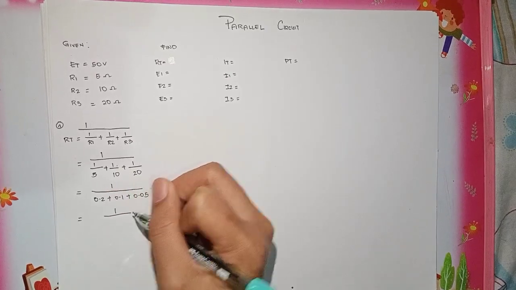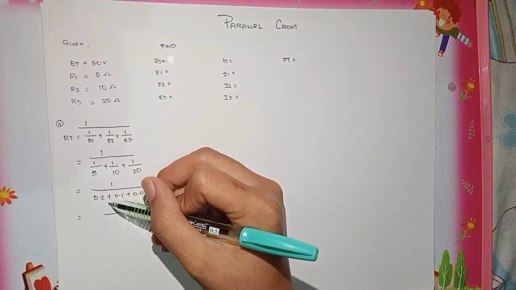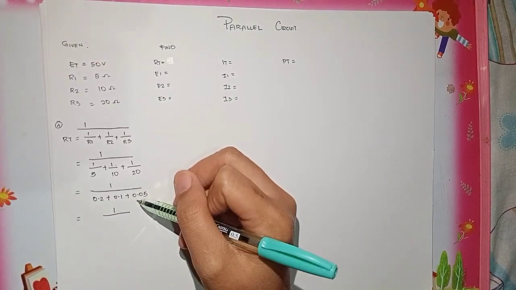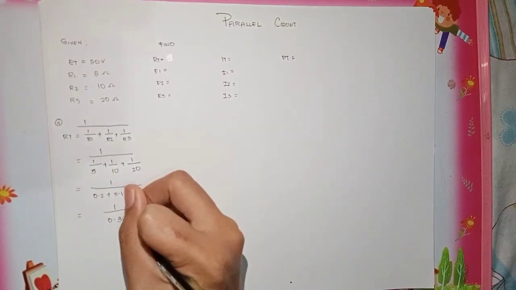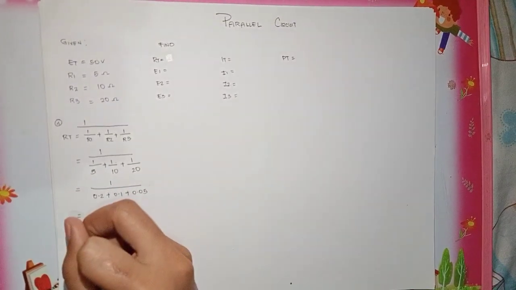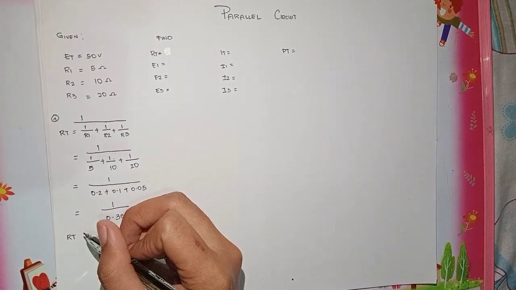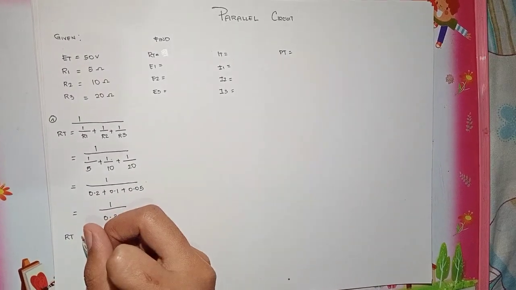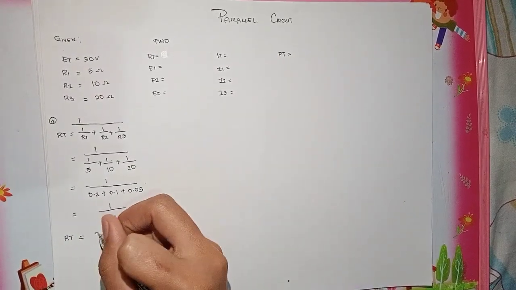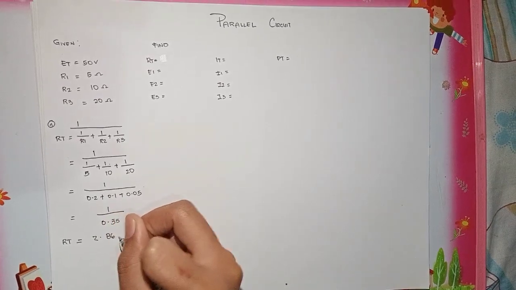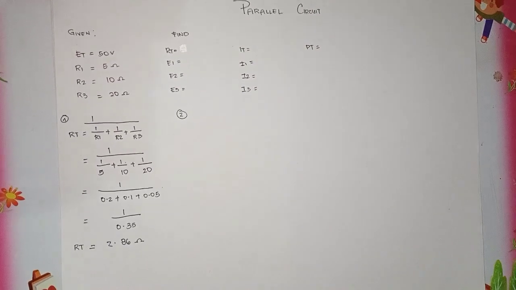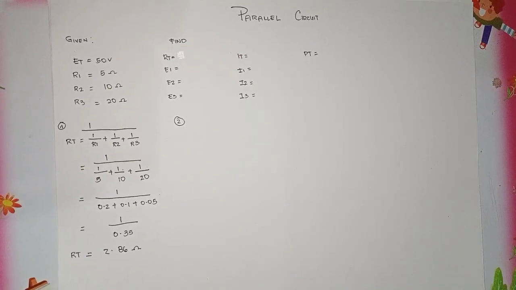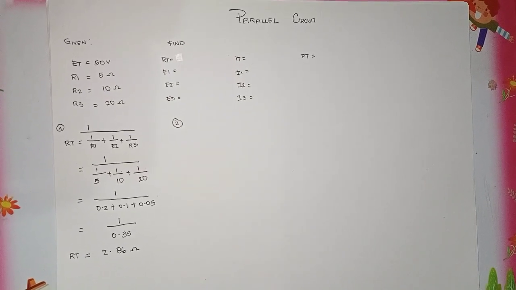Adding 0.2 plus 0.1 plus 0.05 is equal to 0.35. Total resistance is equal to 2.86 ohms.